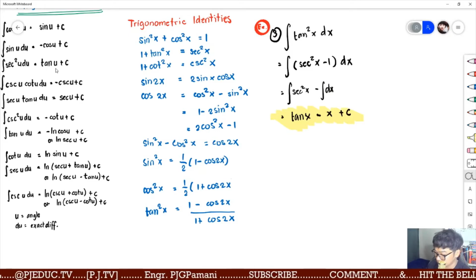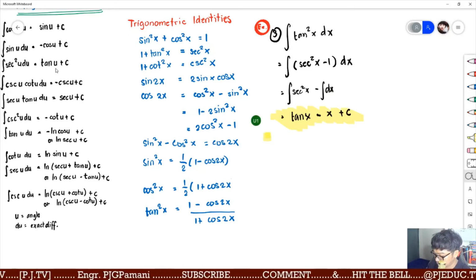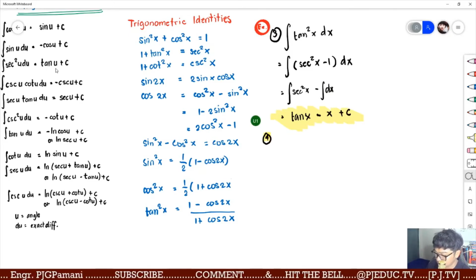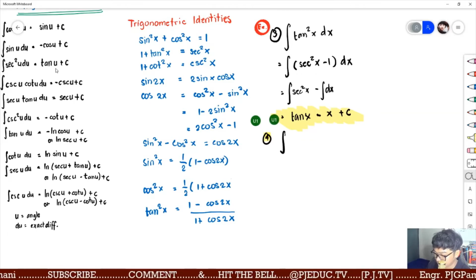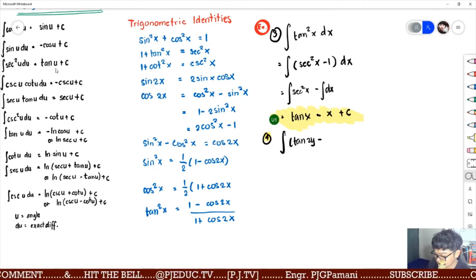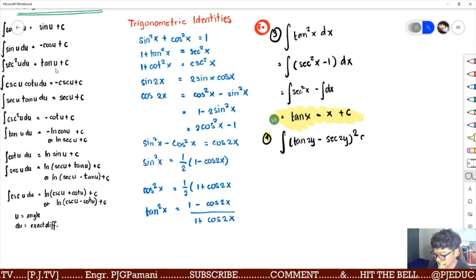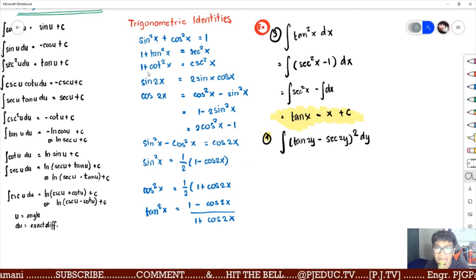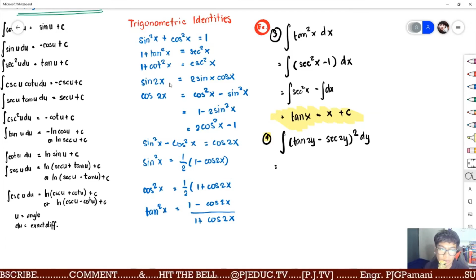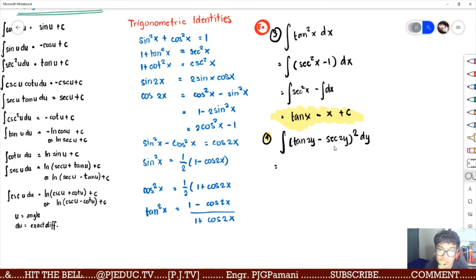Now, what if you're asked to evaluate the indefinite integral of tangent 2y minus secant 2y, squared, dy? We don't have identities that involve the difference of tangent and secant.